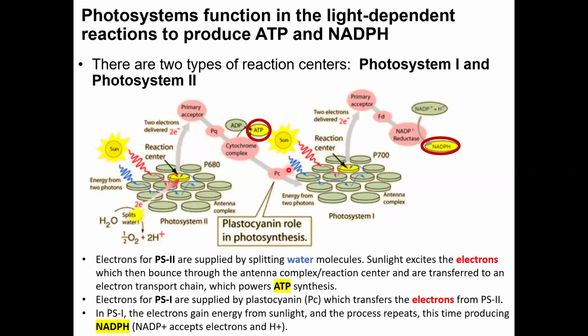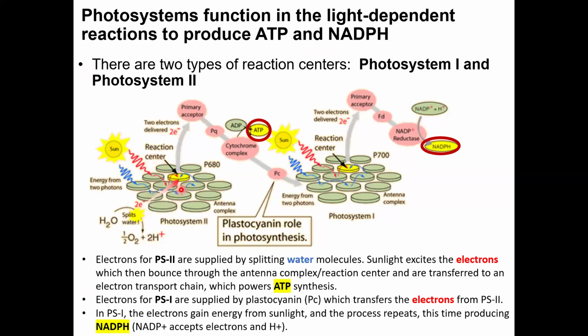The photosystems function in the light dependent reactions to produce ATP and NADPH, the electron carrier. There are two reaction centers, photosystem 1 and photosystem 2.